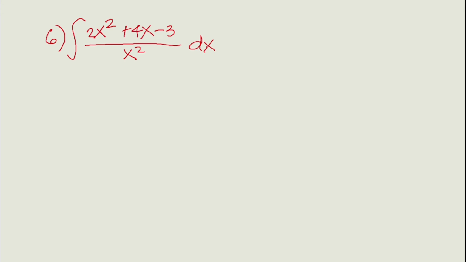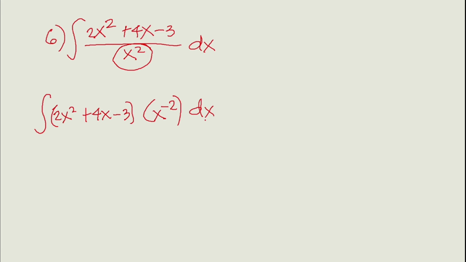So in this case, since this is a tricky part, we could move that one into the numerator, the upper part of this fraction. So integral of 2x squared, better here to move it up. Then this will become x raised to negative 2 dx.